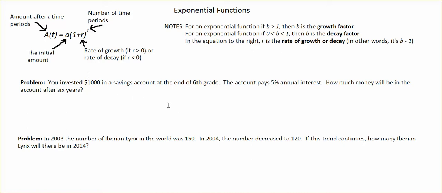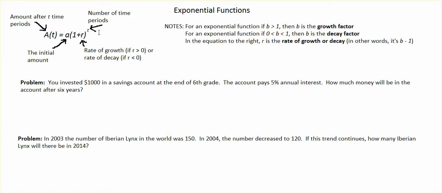population. Okay, now that your notes are taken, let's take a look at what an exponential function growth factor and decay factor is. Well, B is just either a growth factor if it's bigger than 1, or it's the decay factor if it's between 0 and 1.